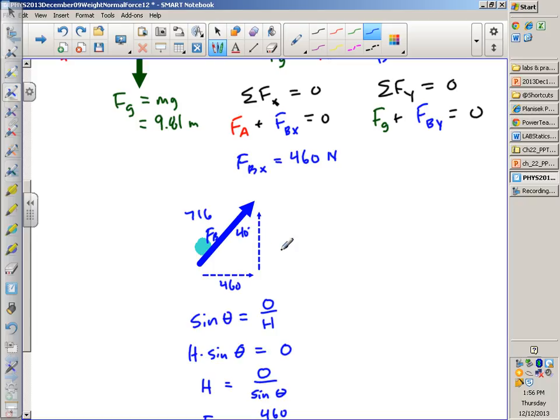Can we figure out what the adjacent side is here? Sure, there's a lot of different ways you can do this. You can use cosine, you can use tangent, you can use Pythagorean theorem. Any one of those three should get you this side of the triangle. And this side of the triangle is the y component of F_B. So pick one.